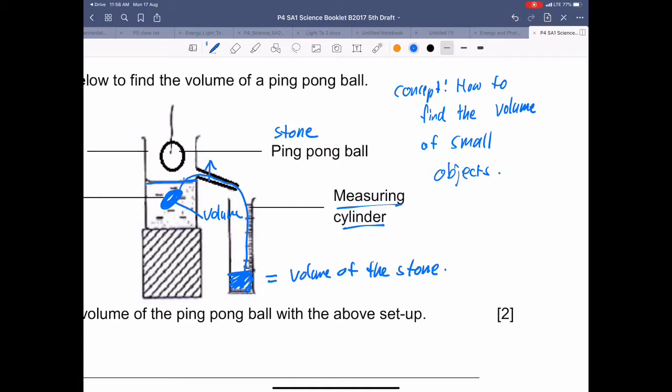However, as you can see in this case, it will not work because the ping pong ball is floating above. Yes, it's too light, it will float above the water. So that's why you have an issue over here and you will not be able to find it.